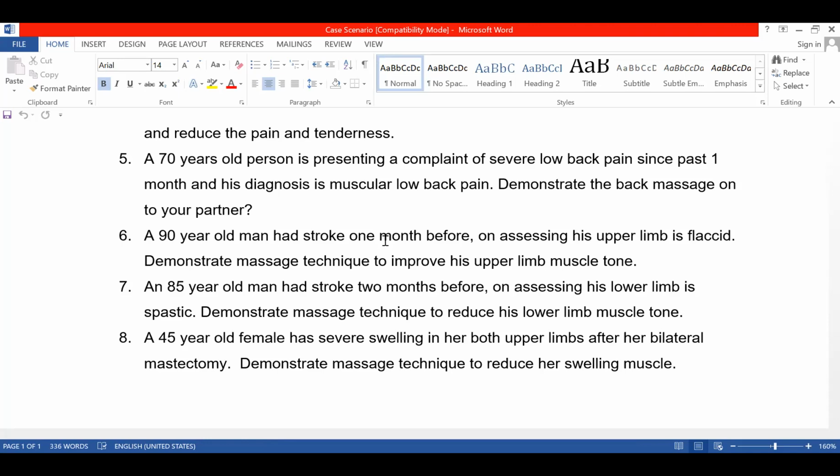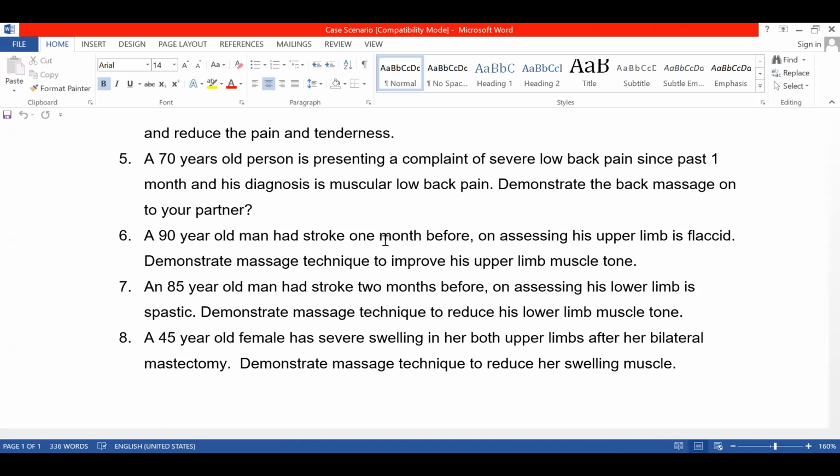So I'll continue from what Angel said just now. So we can do effleurage since our patient is an old age person and also having a lower back pain caused by one of the lumbar muscles.